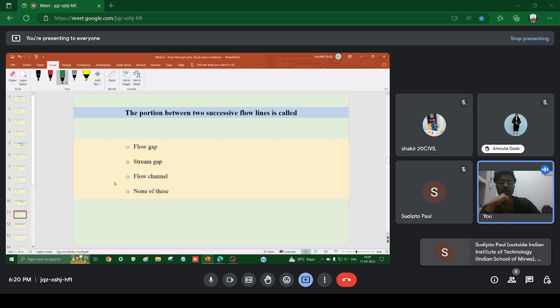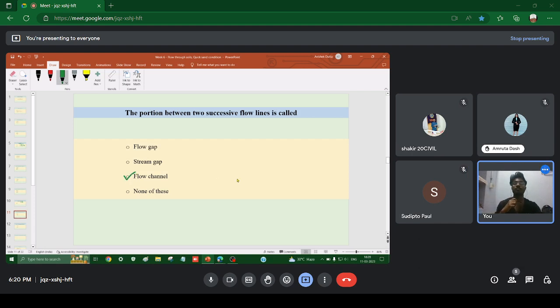Yes, it is called flow channel, but there is another name for this portion between two successive flow lines. Can you tell me another name?